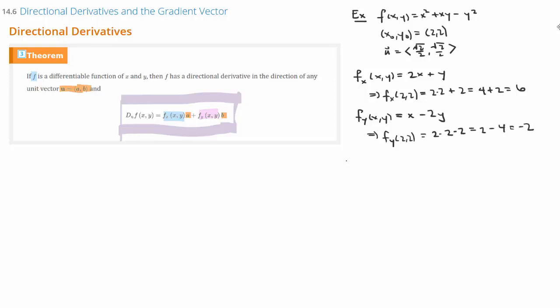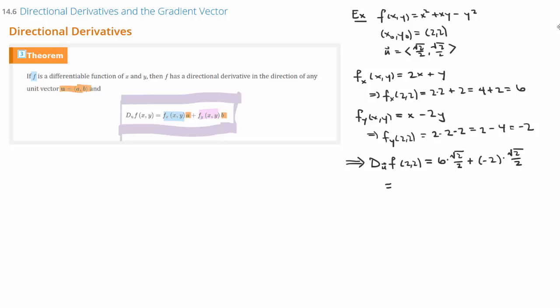And therefore, the formula says that if I want the directional derivative in the direction u of f at (2, 2), I take my partial with respect to x, which was 6, multiply it with the x component of my unit vector, which is root 2 over 2, and add that to the product of my partial derivative with respect to y, which was negative 2, times the y component of my unit vector, which was root 2 over 2.